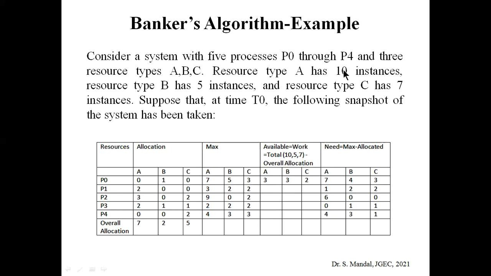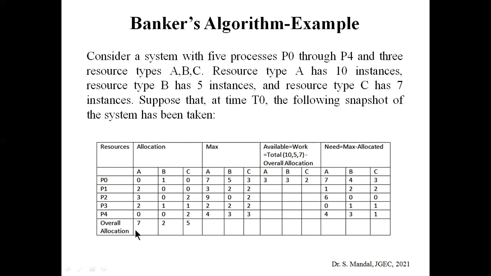So the total is 10, 5, 7 for A, B, C respectively. If we subtract the overall allocation from the total, that denotes the available.